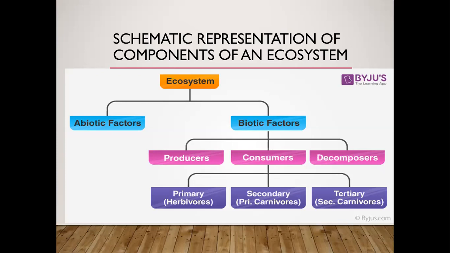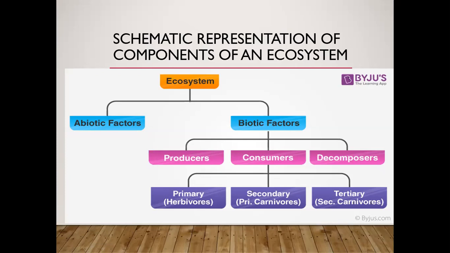So these are the components of an ecosystem. So I believe this diagram has been able to explain better for you the component of ecosystem. Let me go over it just in 1 minute. An ecosystem has two main components, abiotic and biotic. Abiotic are non-living, any non-living thing that you can find in the environment, but that have effect on living organisms.